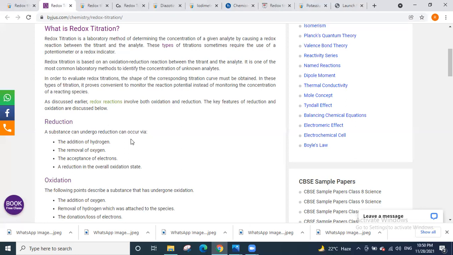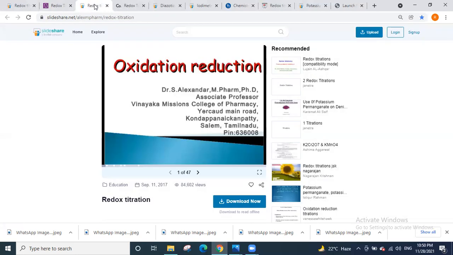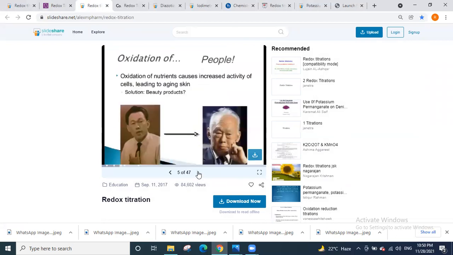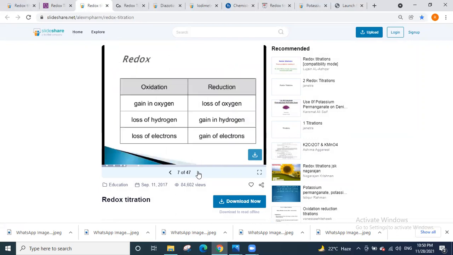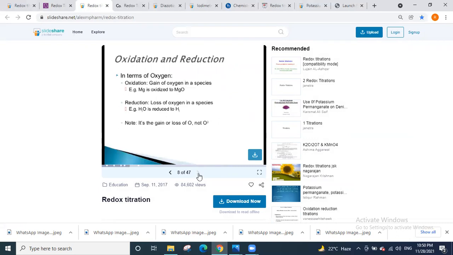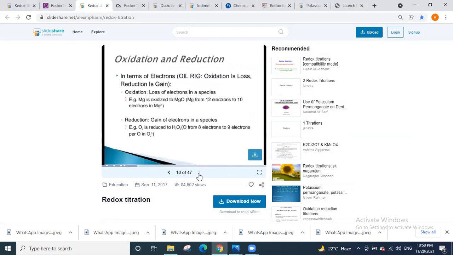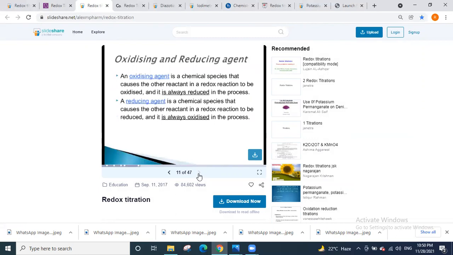On the basis of these definitions we have different oxidizing and reducing agents. The common oxidizing and reducing agents, these are the different definitions of oxidation and reduction. And here we are concerned just with the oxidizing or reducing agent.